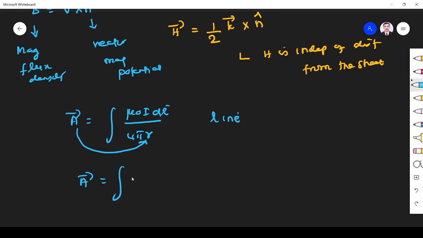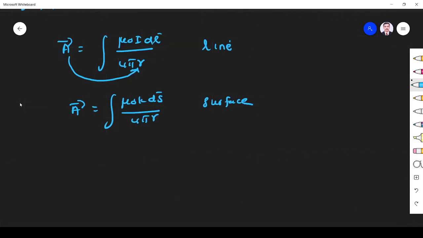A is equal to mu naught K dS divided by 4 pi R, due to a surface current element. Similarly, A is equal to mu naught J dV by 4 pi R. This is for a volume current element.